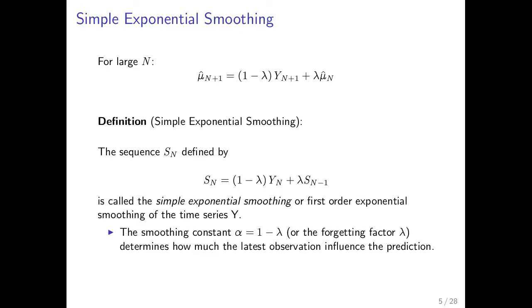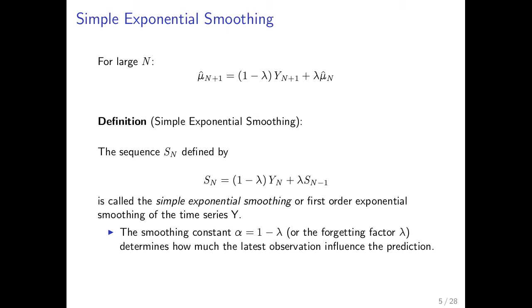And simple exponential smoothing is defined as this sequence doing exactly this up here. You will see sometimes that instead of using lambda, there will be a smoothing constant, alpha, that is 1 minus lambda. So of course you can write alpha there and 1 minus alpha there. It's the same.